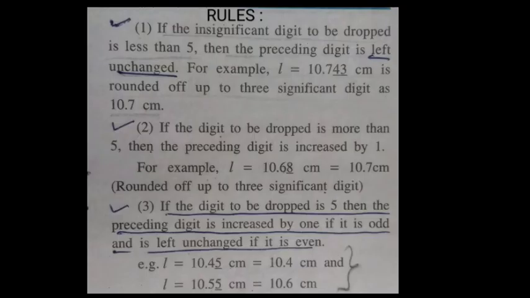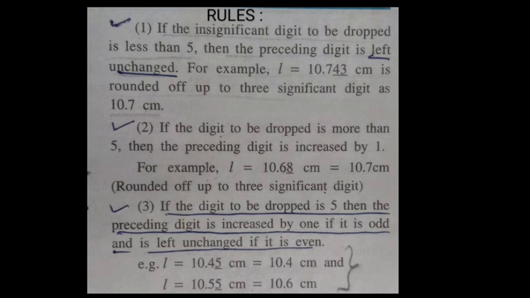The rules: 1. If the insignificant digit to be dropped is less than 5, then the preceding digit is left unchanged. For example, L = 10.743 cm is rounded off to 3 significant digits as 10.7 cm.